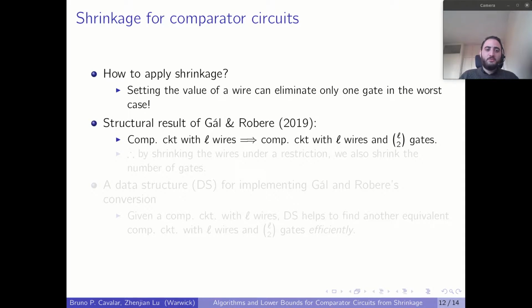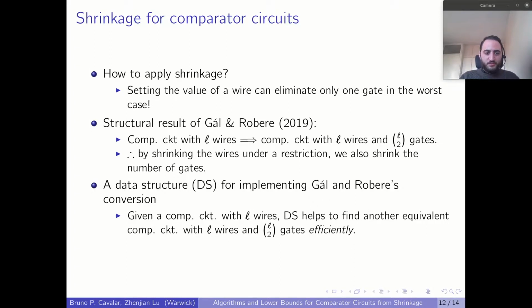However, a structural result of Gál and Robere showed that whenever a comparator circuit has L wires, there is also an equivalent comparator circuit with L wires and L choose 2 gates. This means that if we shrink the number of wires under restriction, we also indirectly shrink the number of gates. So instead of trying to prove directly a shrinkage for gates, we prove a shrinkage for wires. And this gives us a shrinkage on the size of the circuit in general.